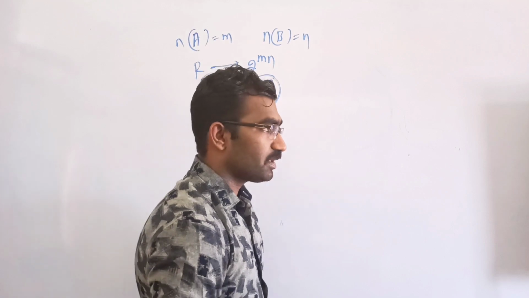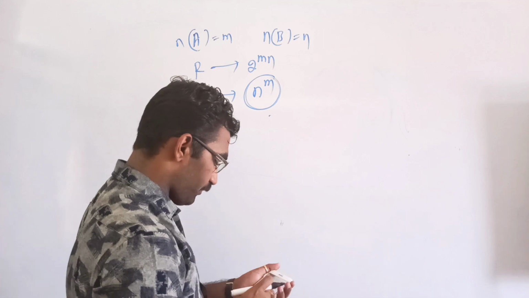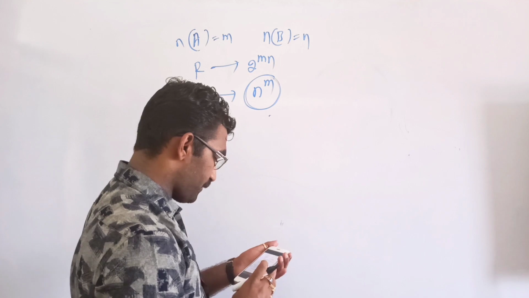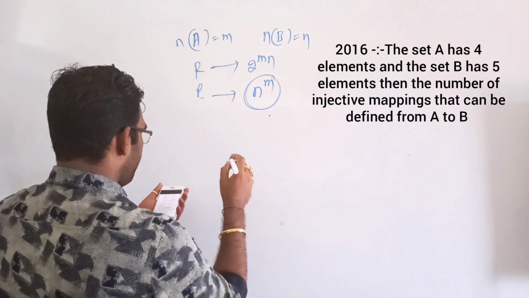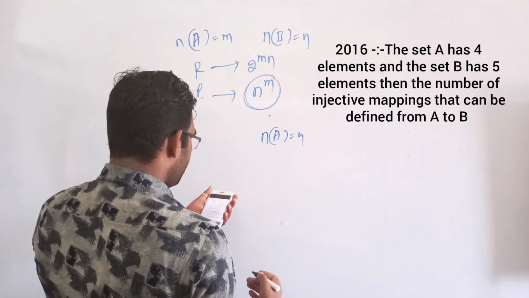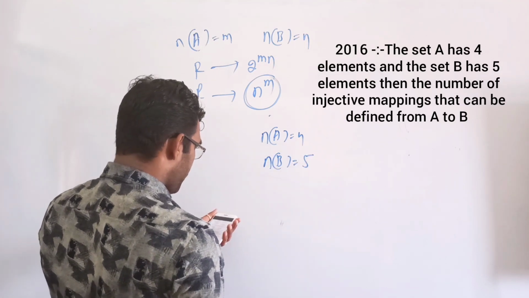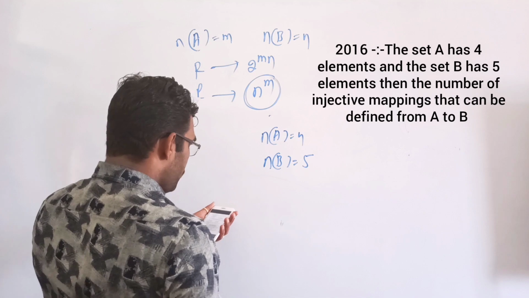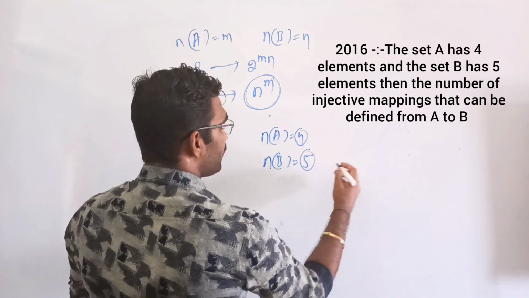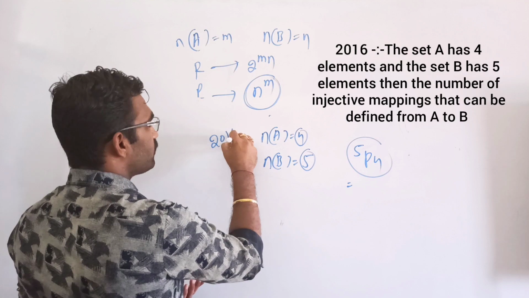The question is like this: if the set A has 4 elements and the set B has 5 elements, then the number of injective mappings, that is functions, they have given. We know that it is 5P4. This question was asked in 2016.